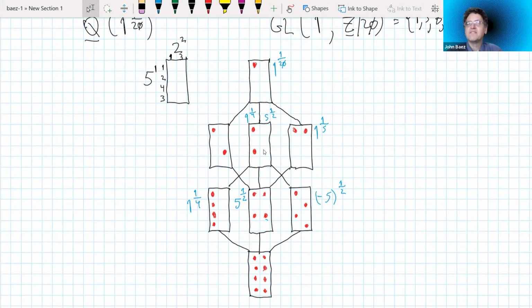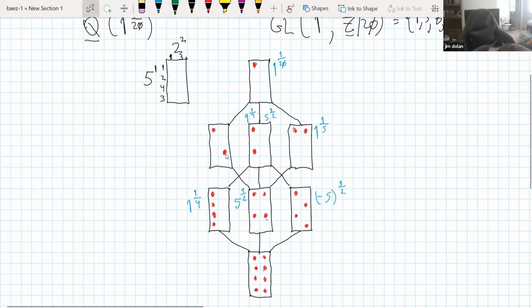Okay. So, look at that little element right there. First of all, let's just work out how the Chinese remainder theorem works for 20 equals 4 times 5.